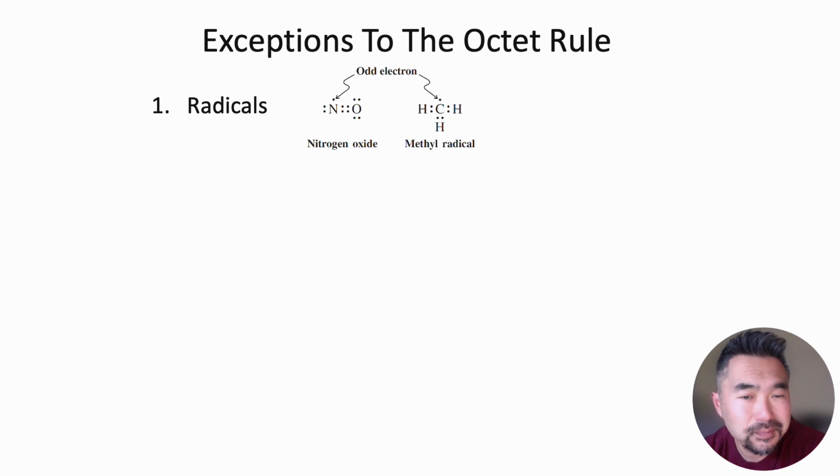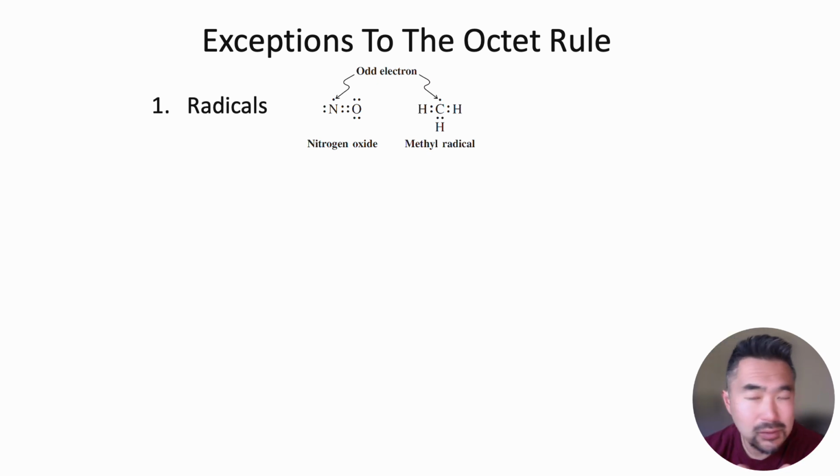Now, when you are drawing Lewis structures or even a resonance form, sometimes you're going to have to resort to what you might consider weird structures, and those are the exceptions that you'll encounter throughout the year in our class.